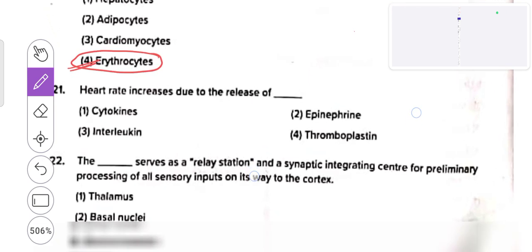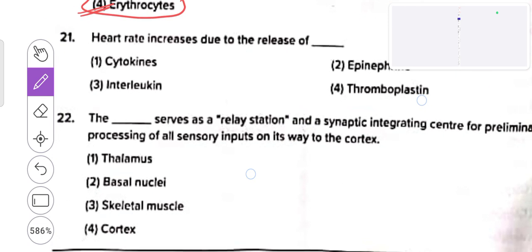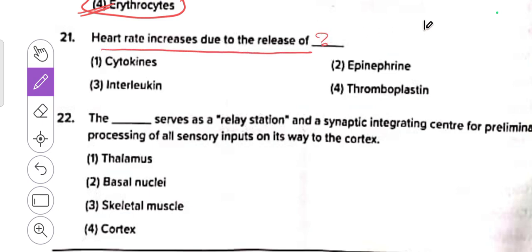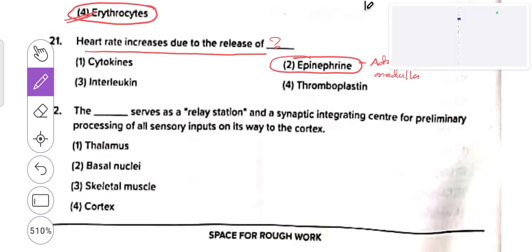Then the 21st question, where heart rate increases due to the release of epinephrine. It is a hormone released from the adrenal medulla, and this hormone is called one of the 3F hormones or the emergency hormone.